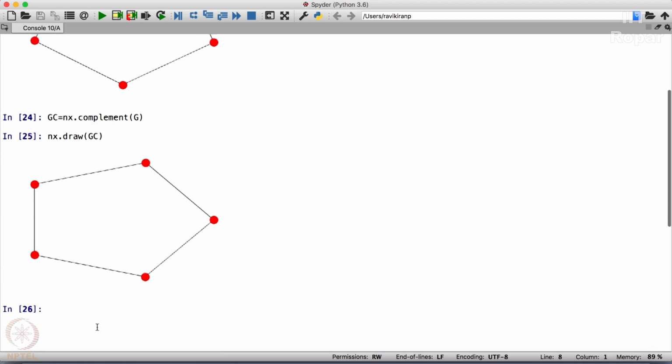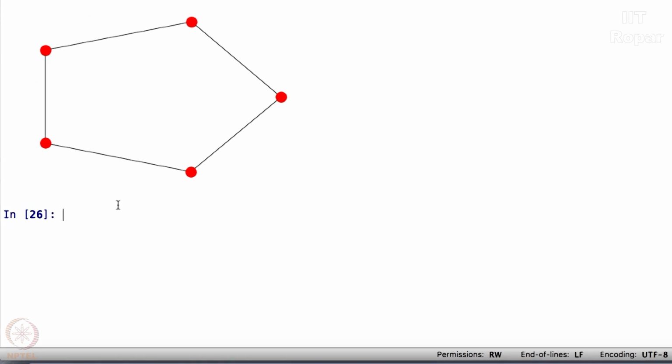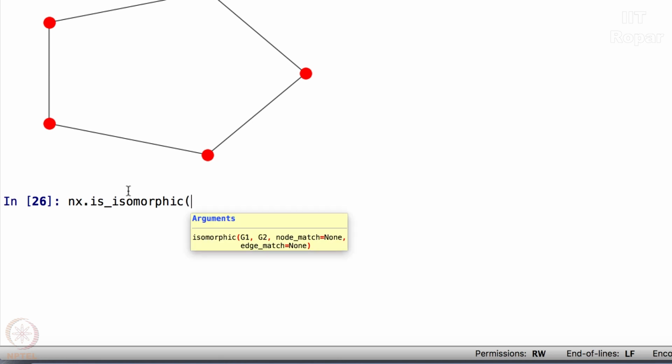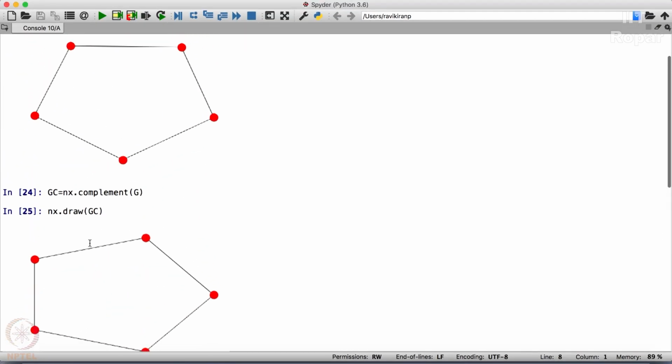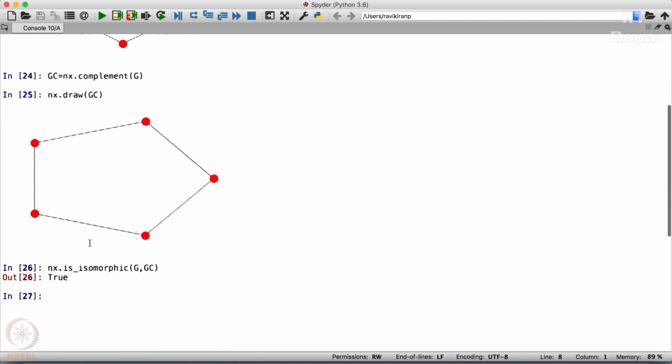Right? Now, here is a nice command we can use at this time. It is nx.is_isomorphic, and in brackets you can give G and GC, right? True. Do you see that the complement of C5 is C5 itself, and it says that it is isomorphic.